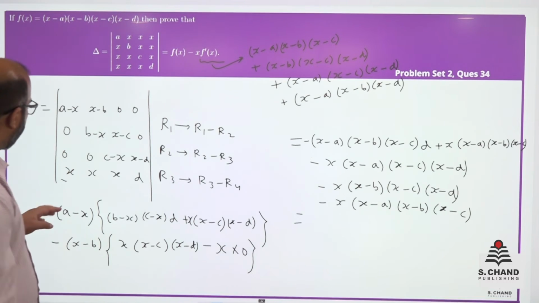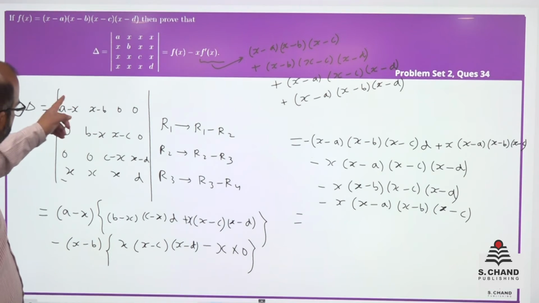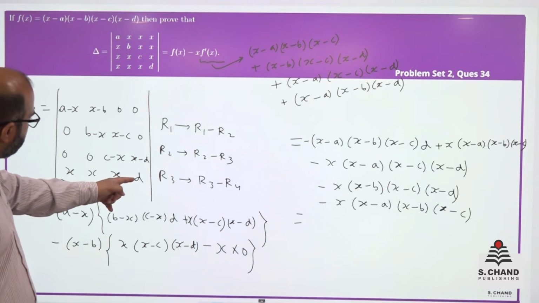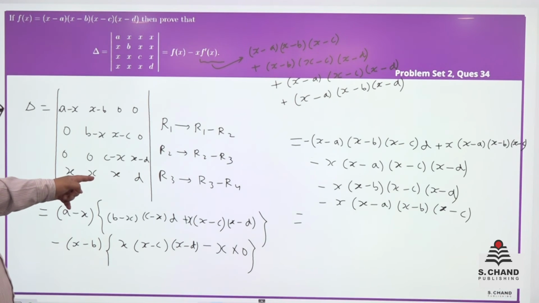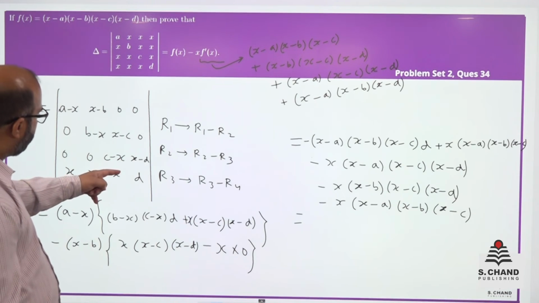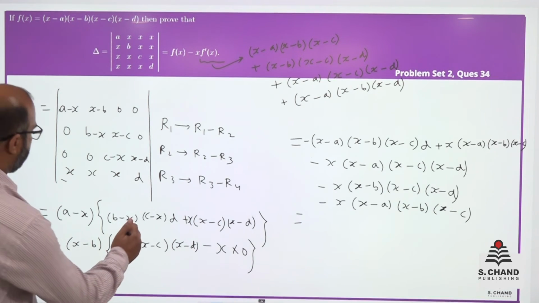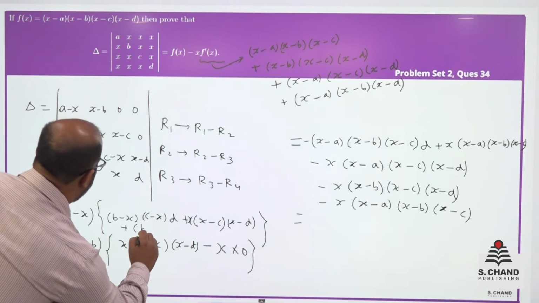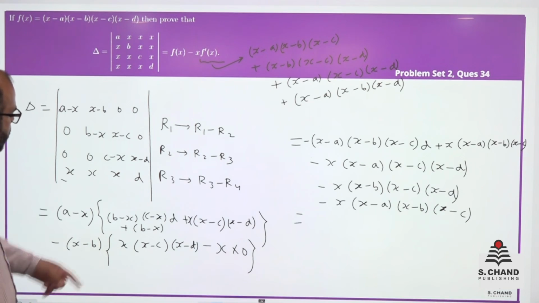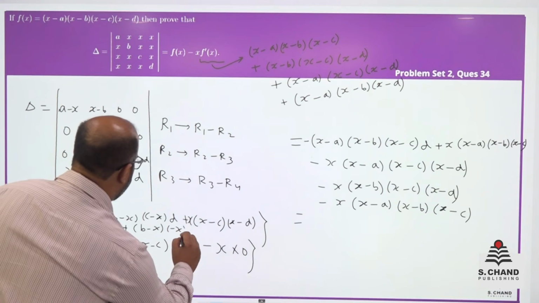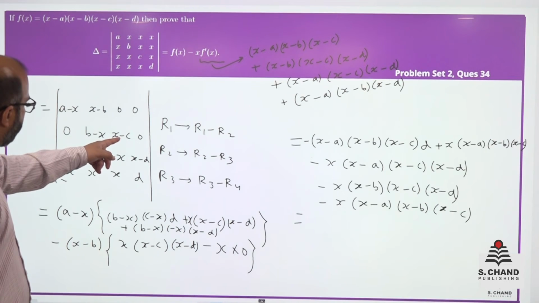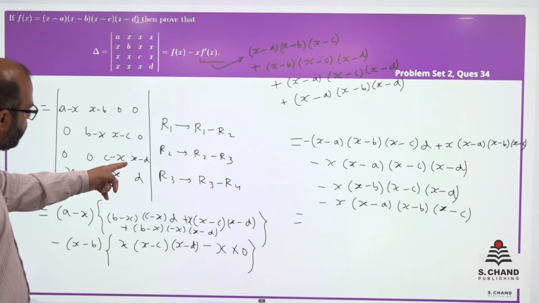Fine. Next, a minus x, then this is eliminated. About this, b minus x, c minus x into d, okay, minus x into x minus d, okay, this one term we missed. So plus b minus x, c minus x into d we did, minus x into x minus d. Further, we did x minus c, the minus sign, and minus x, x minus d.